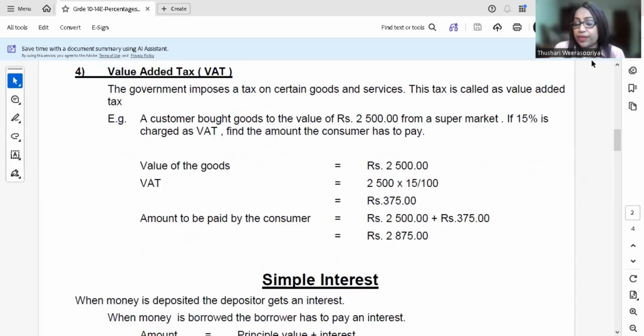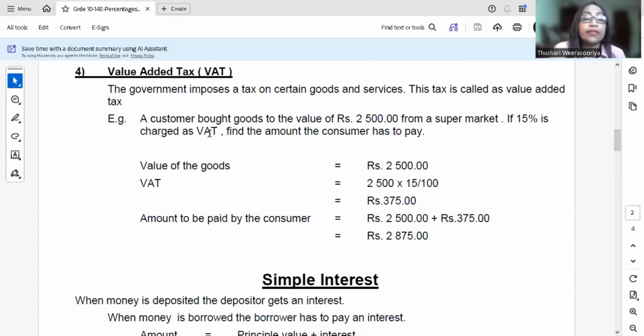Services means, for example, the telecom gives a service for us, by giving the connection and routers, lots of things, 4G, lots of technologies. They give that as a service. Goods, we can go to a supermarket and buy the goods. On top of those, they calculate the VAT. So that is called value added tax. Government imposes tax on certain goods and services. This is known as value added tax.